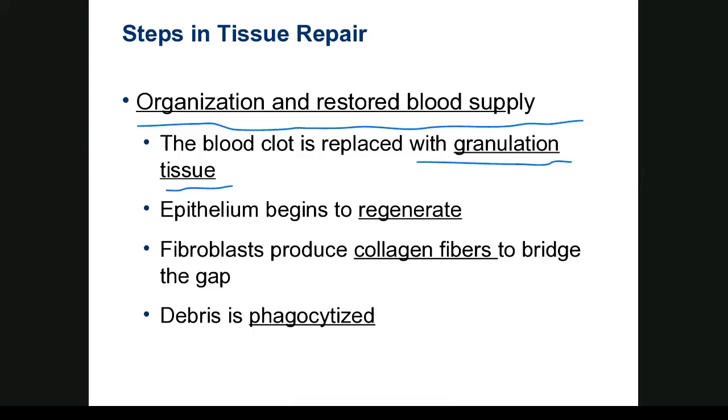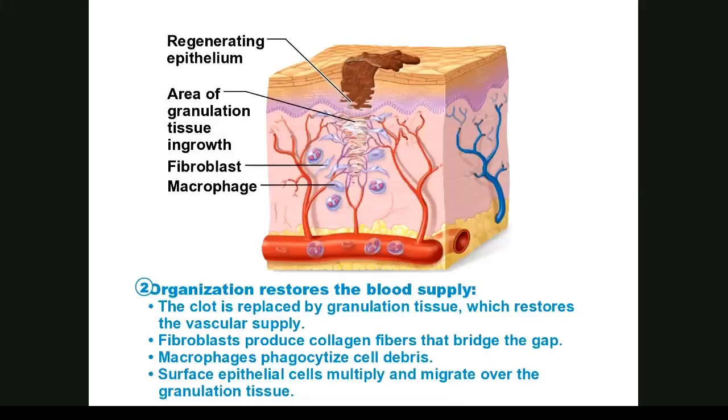The epithelium begins to degenerate across it, and fibroblasts produce collagen fibers that bridge the gap and start to pull the tissue together, and then debris is phagocytized. So here you have collagen fibers pulling tissue together. The epithelium is starting to regenerate from down here, but it will grow quickly, and once these collagen fibers bridge the gap, they're going to pull this tissue together rapidly, and the healing at this point is pretty quick.